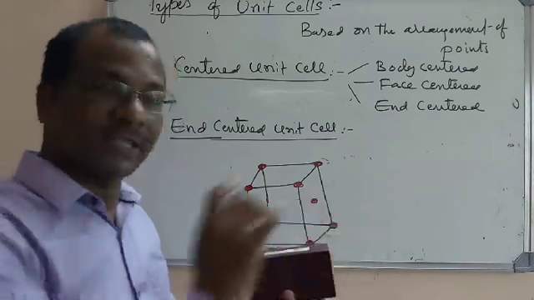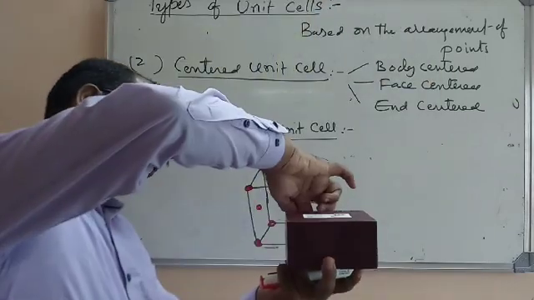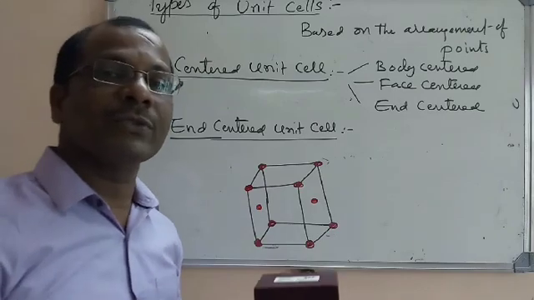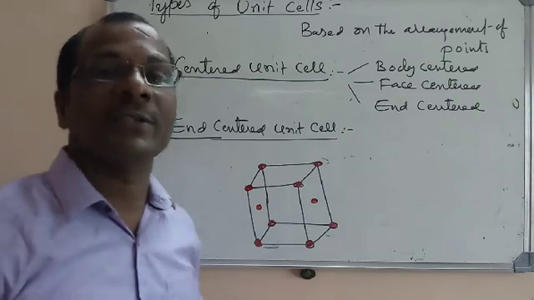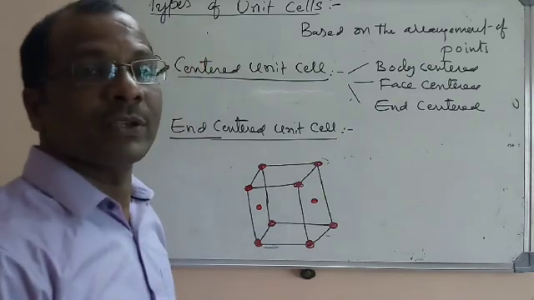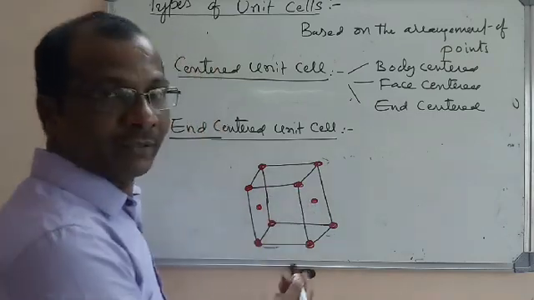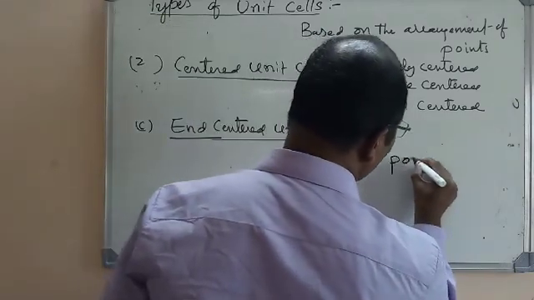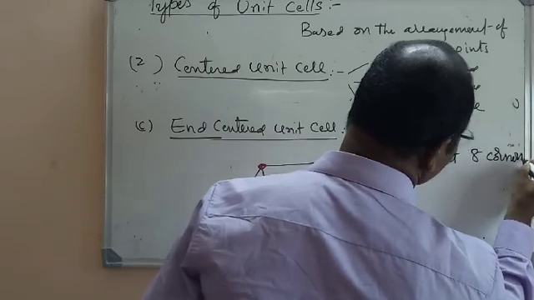Any two opposite faces. For example, here I am keeping 1 point, and opposite to that one I am keeping 1 point. 8 corners, 8 points. In addition to that, there are 2 points at the centers of two opposite faces. Then it is called an end-centered unit cell. So you can keep the opposite points here or here or here. For example, I have taken here. So firstly, it will have 8 points at 8 corners.